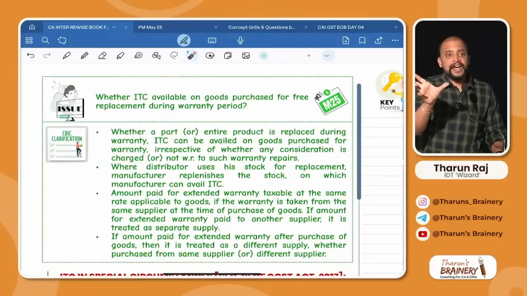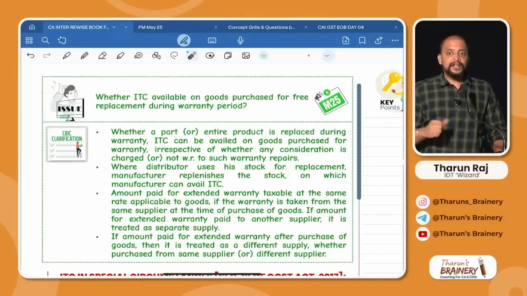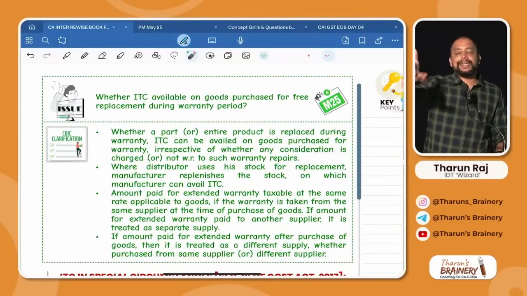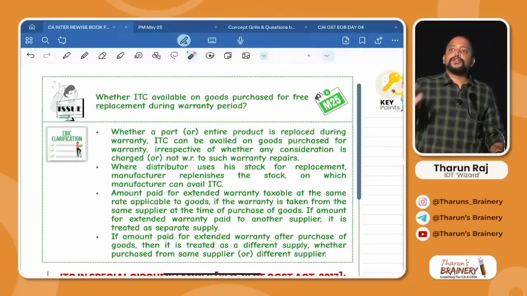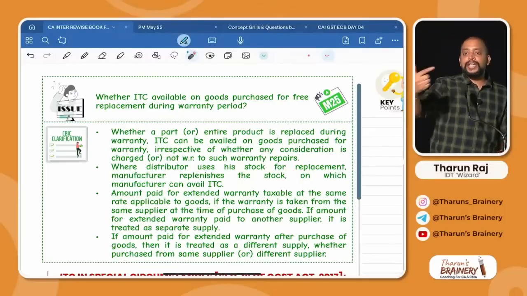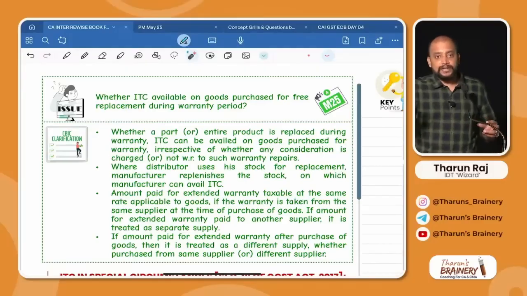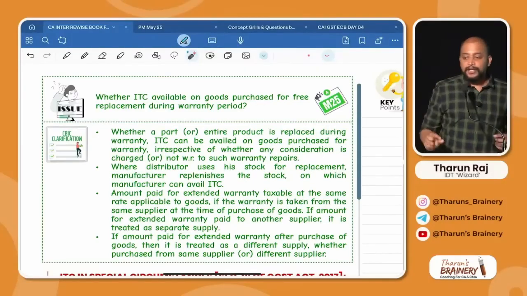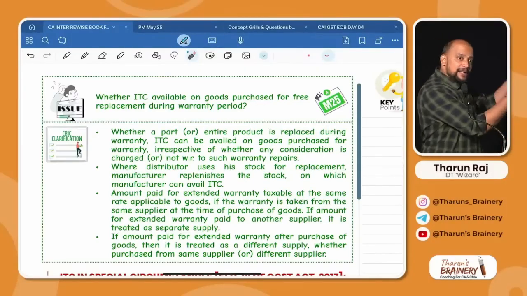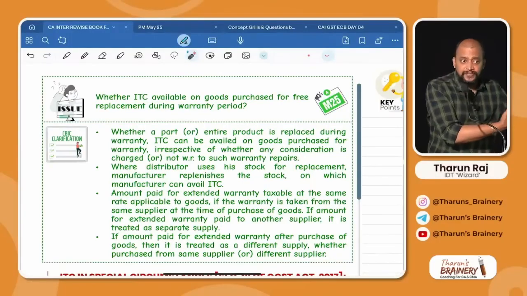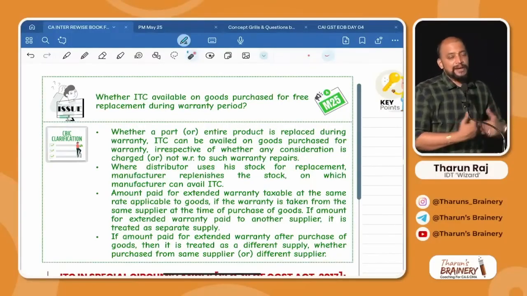It is covered under the standard 2-year warranty. You purchased it and after 3 months the parking sensor is not working, so you brought the car and asked me to replace the parking sensor. I need to replace that part. To replace the part, I will buy it from the market.